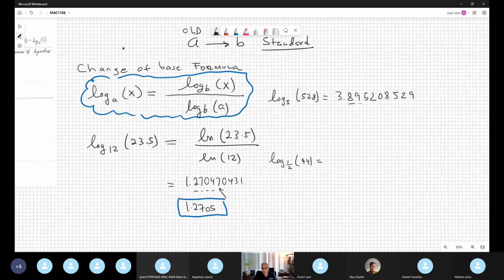But I need only 4 decimal places, and the next digit is 0, so it stays the same: 3.8952. Do you get the same answer as me? Yes or no? Same? Okay.